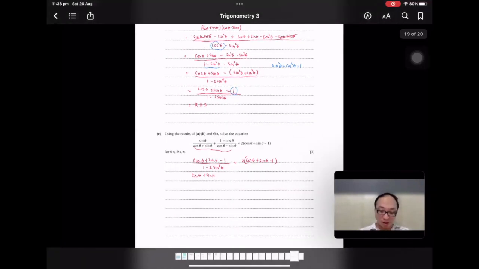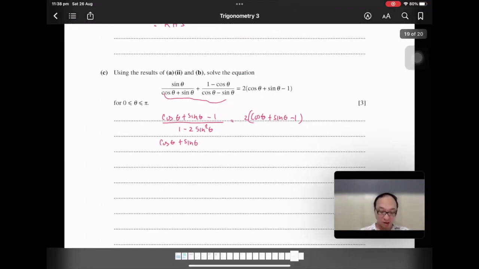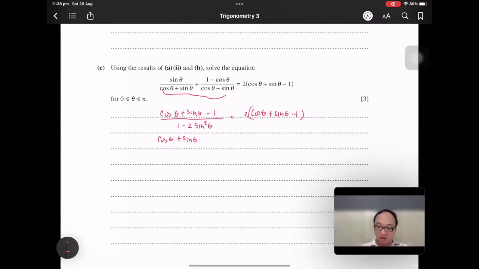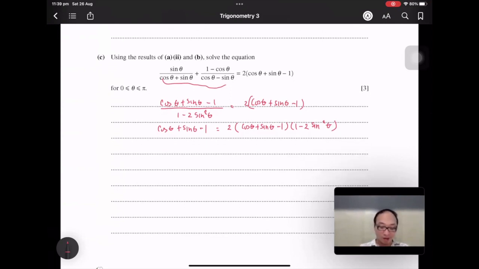So that means from here I can have, okay, just continue, cos theta plus sin theta minus 1 equals 2 times cos theta plus sin theta minus 1, and then times 1 minus 2 sine square theta. And from here, this is the same here, so I can combine this.